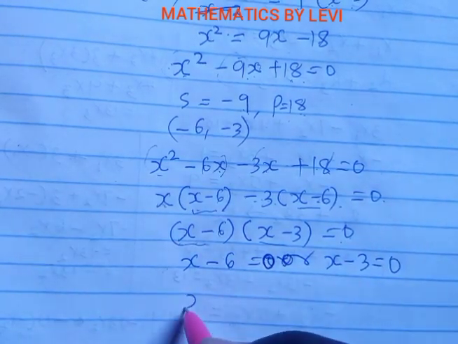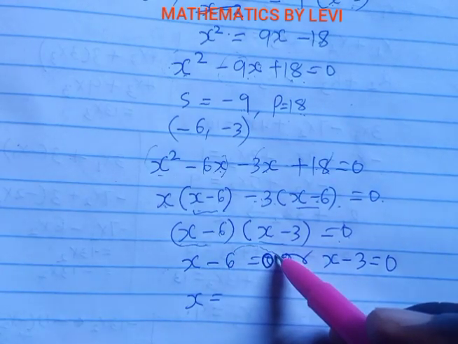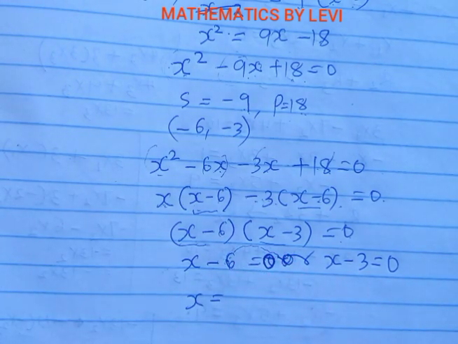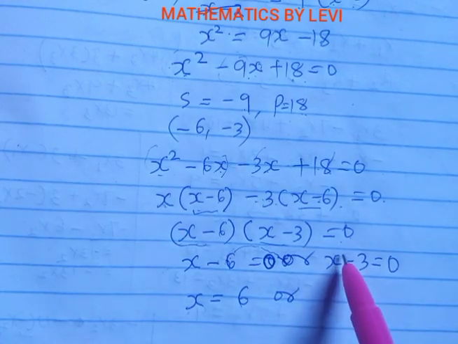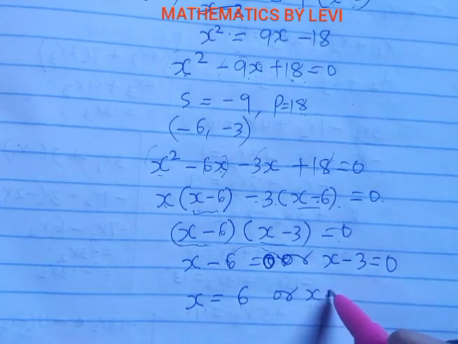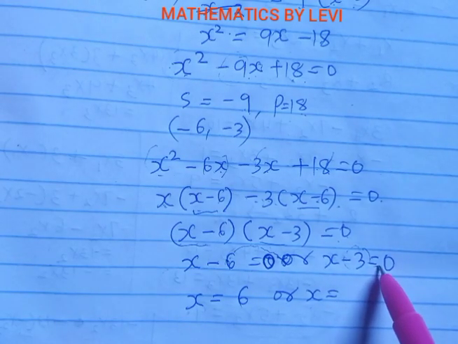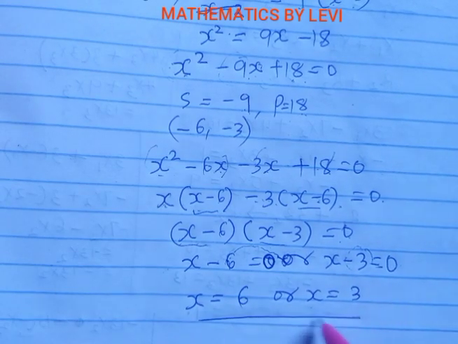That means our x is either 6, because if negative 6 crosses the equal sign, it becomes positive, or x is 3, because if negative 3 crosses the equal sign, it becomes positive 3.